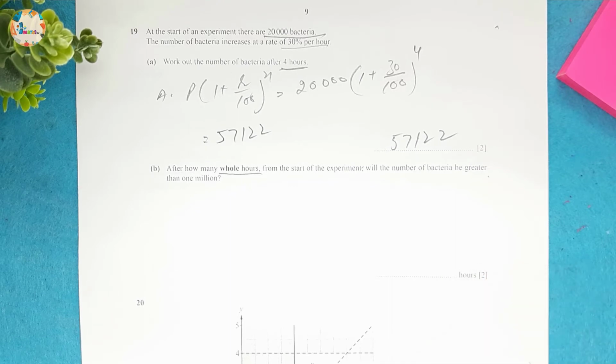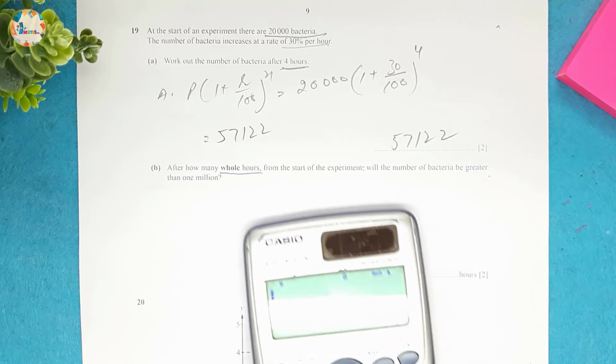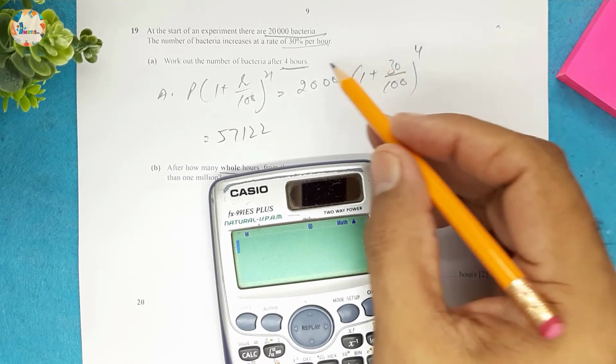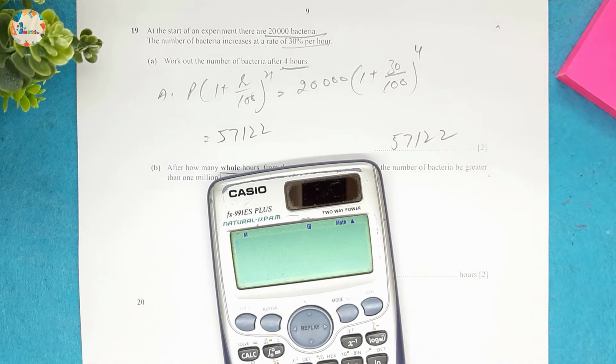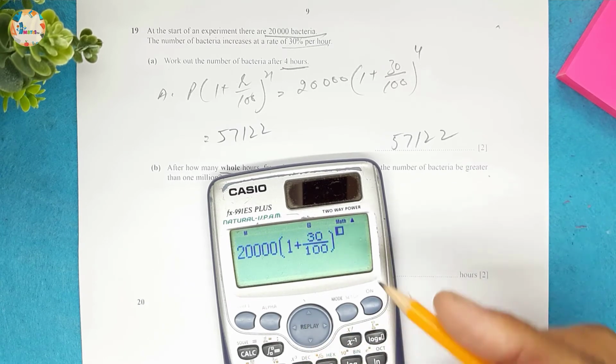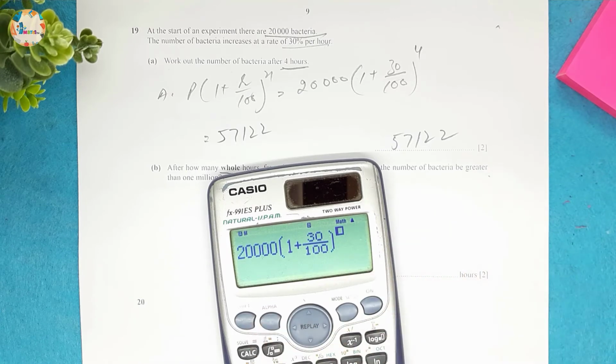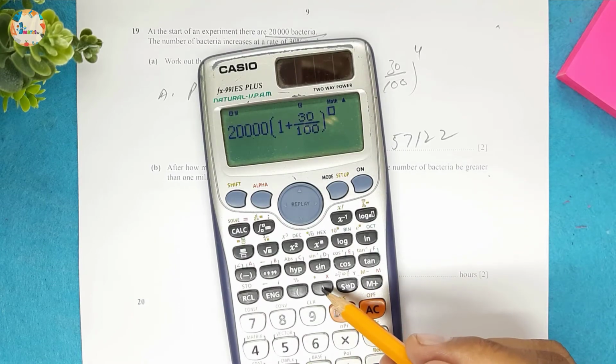This is a little tricky, but the easiest way I'll explain to solve this question is you can use this equation: 20,000, starting is 20,000, and 1 plus 30 over 100 raised to the power, just write x. x will be by this alpha button, alpha, and this button x.